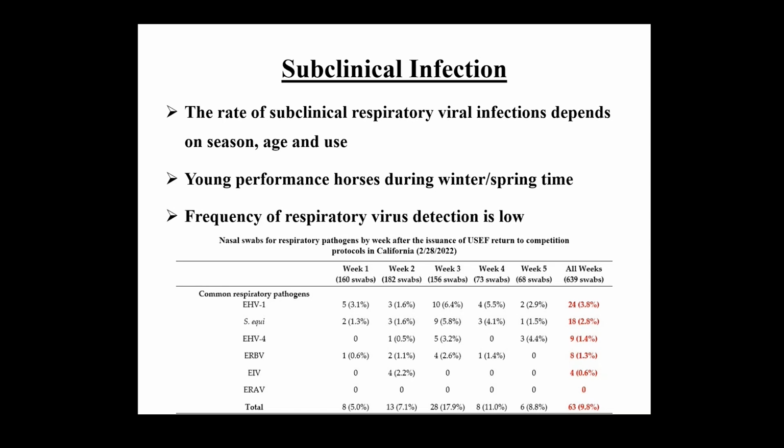What happened from there is some of these horses that did not display clinical disease then went back home, and that led then to the spread and additional outbreaks. There were a total of 16 outbreaks at 16 different facilities that were linked to that initial outbreak in Riverside.